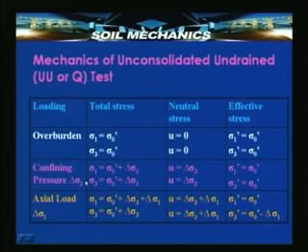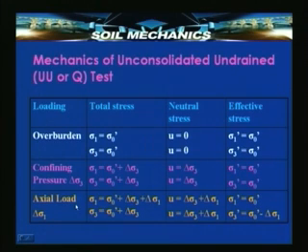Now, the moment we apply the confining pressure, total stresses become equal to this original sigma 0 dash plus the applied confining pressure. Pore pressure is the applied confining pressure, obviously undrained conditions are prevailing. The effective stress therefore does not change, it is the same that was existing in the field.